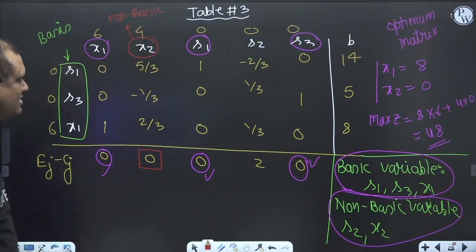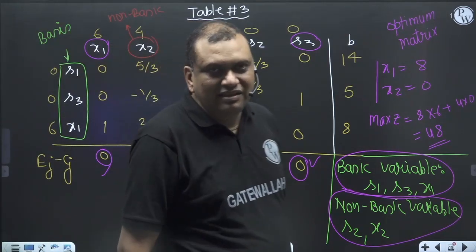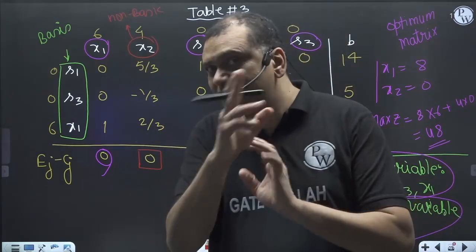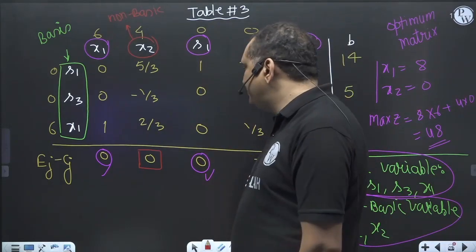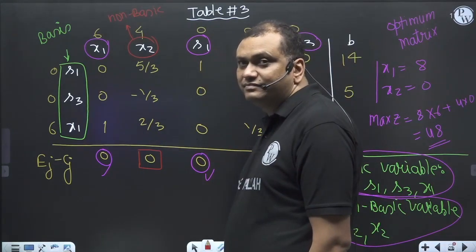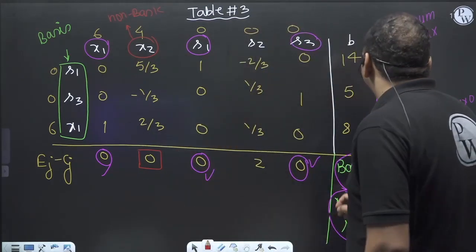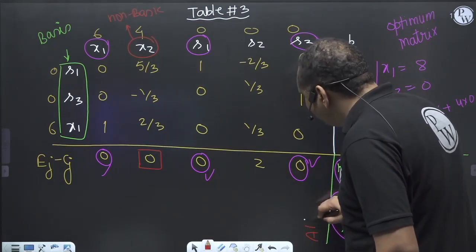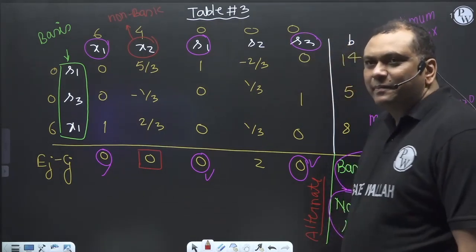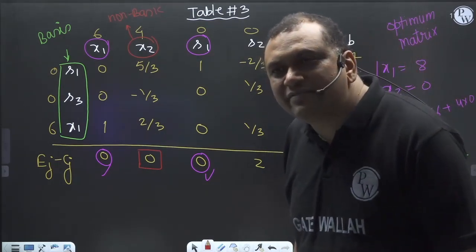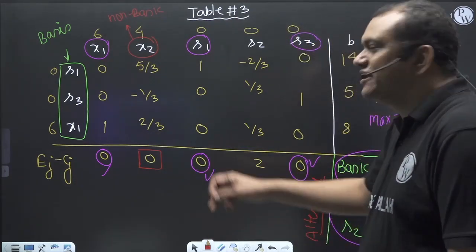If in the optimum matrix below a non-basic variable there is 0, it means there are alternate solutions. That is an indication.